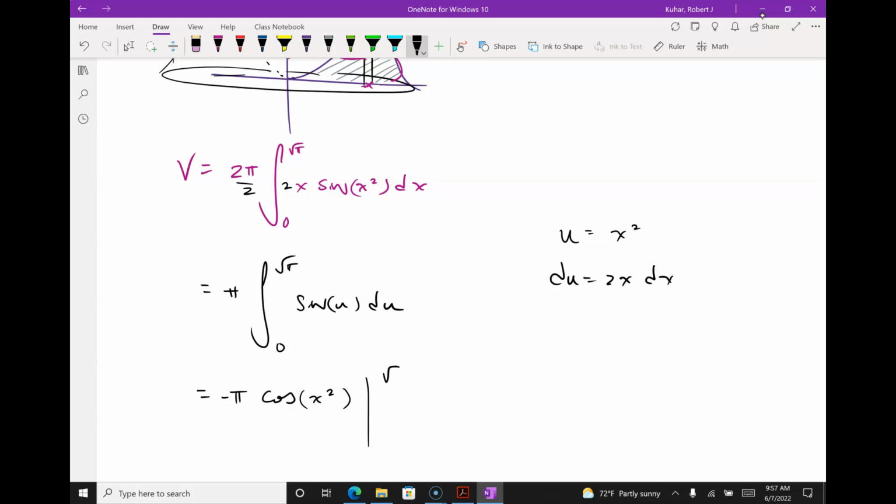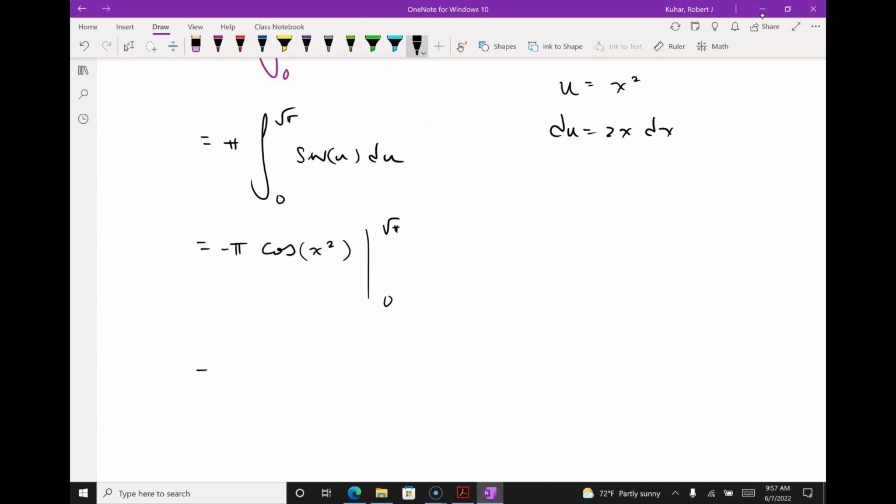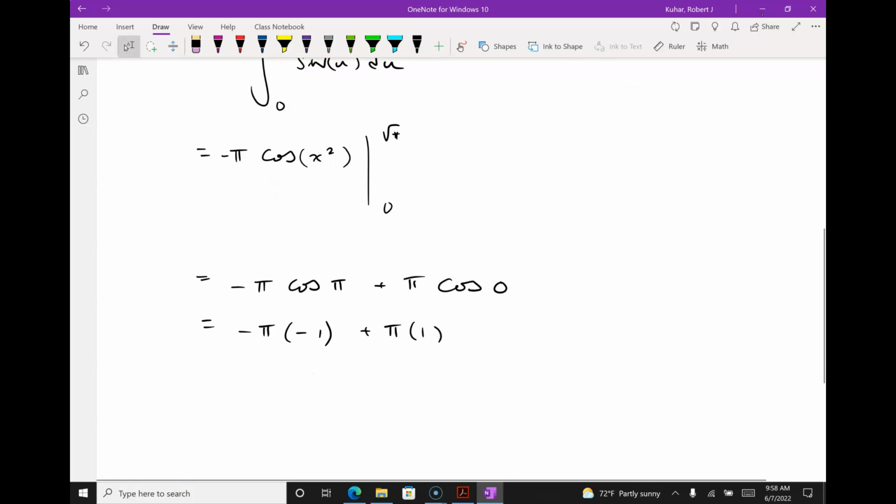And we're going to evaluate at square root of pi and 0. So negative pi times negative 1 plus pi times 1. So 2 pi. Yeah?